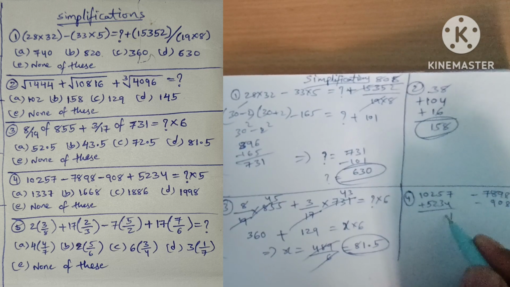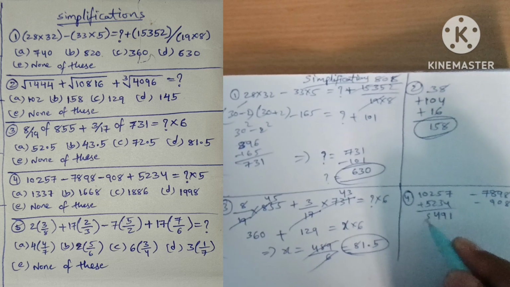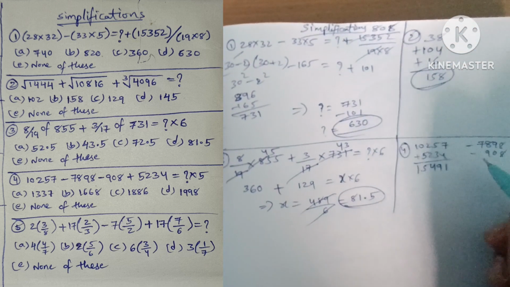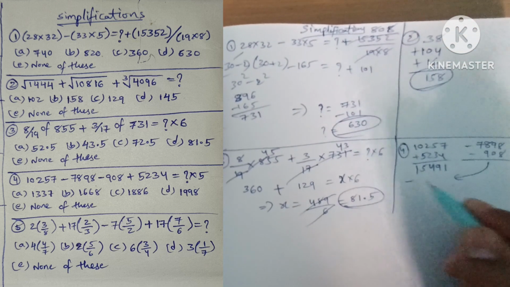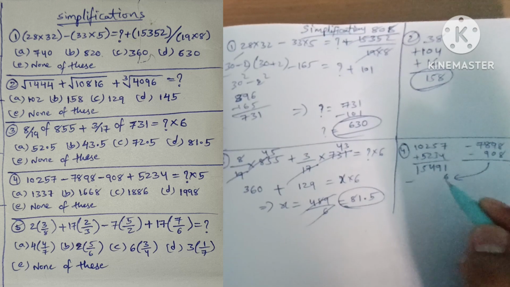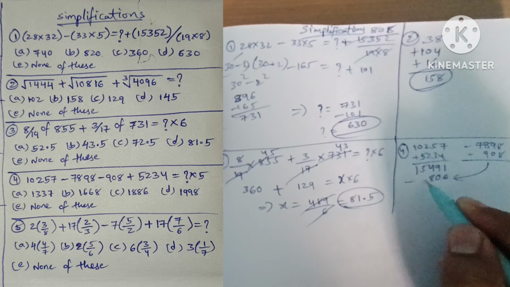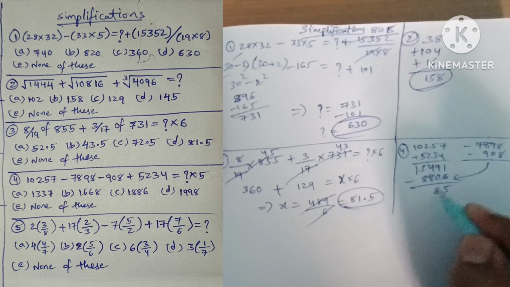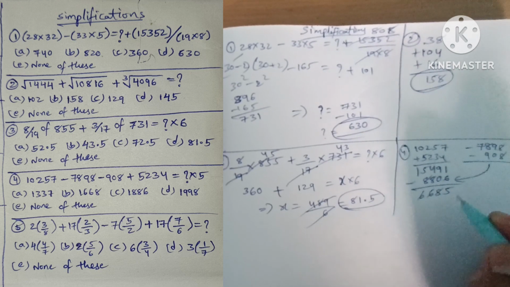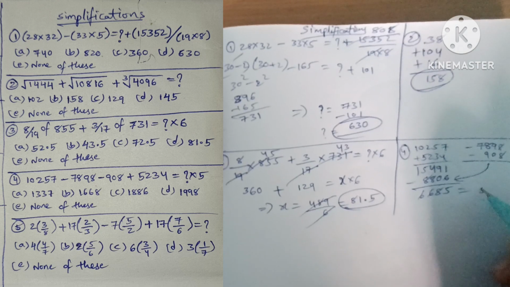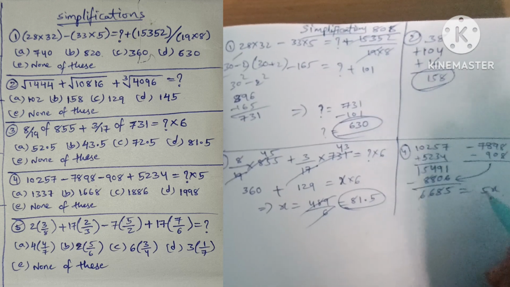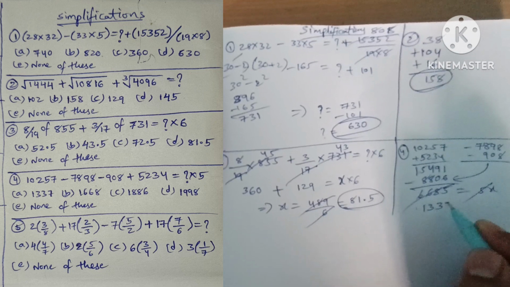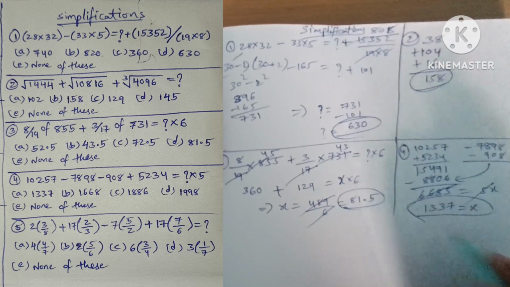We get 19541 minus 6088. Now we get the answer 5866, which equals 5x in the question. So 51337 equals x. This is our fourth question answer.